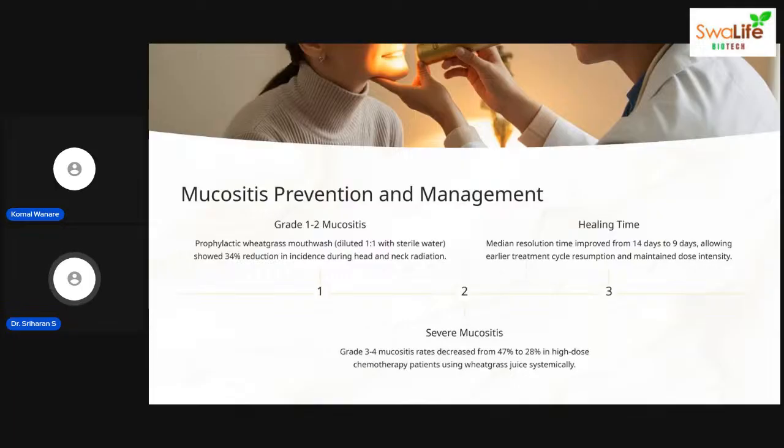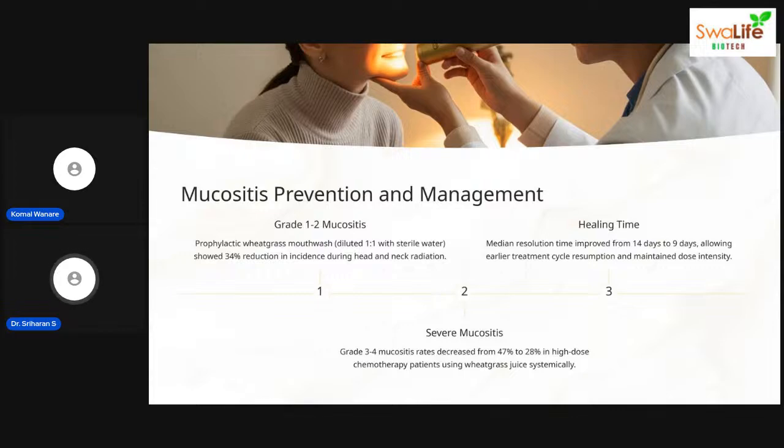That is ulceration, ulcers in the mouth. In simple language, many of you may have experienced mouth ulcers if you do not eat well in the morning or skip the morning meal. Those with a history of ulceration get frequent mouth ulcers. So in cancer patients it also comes.